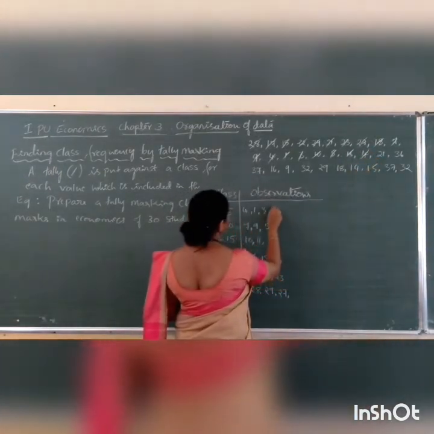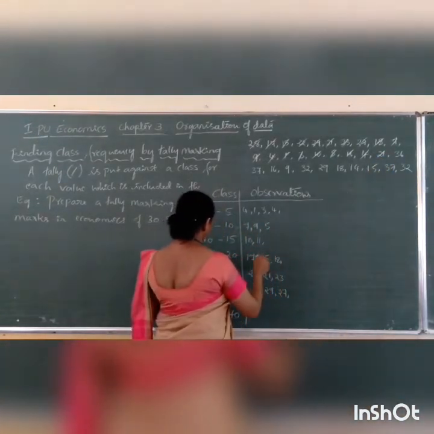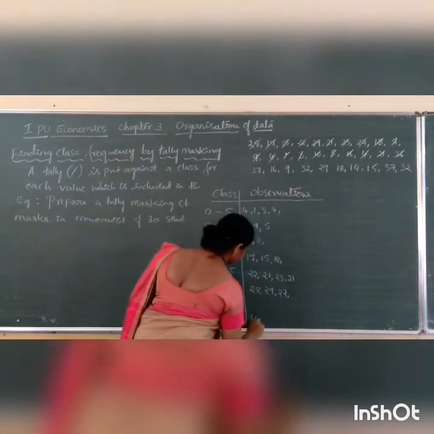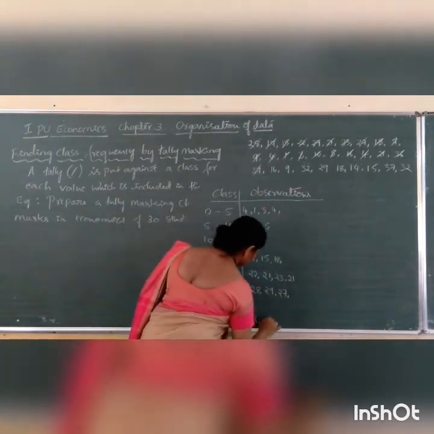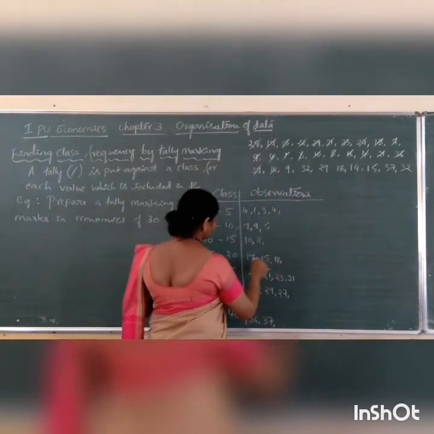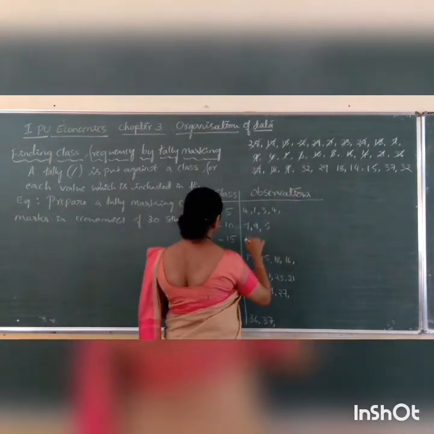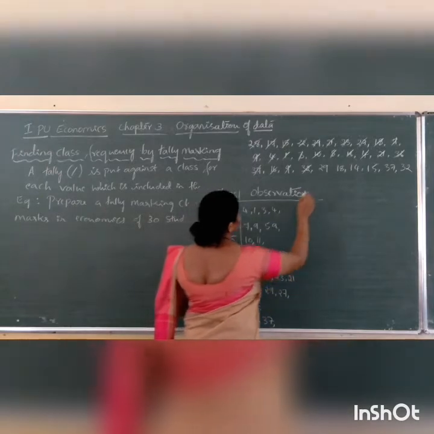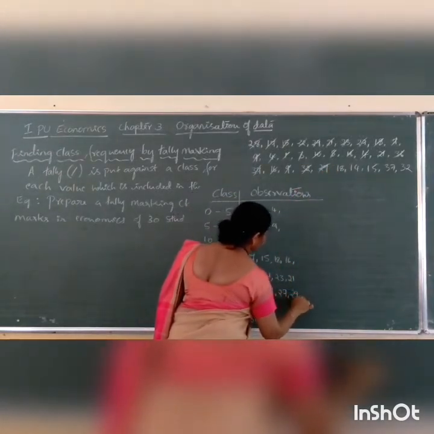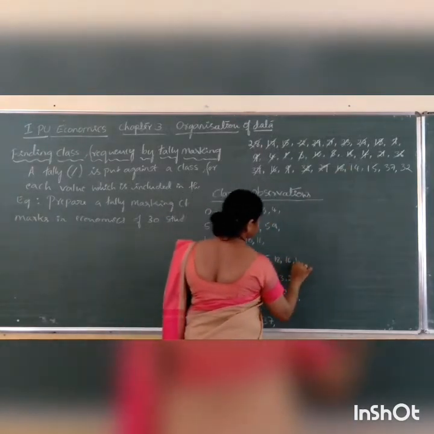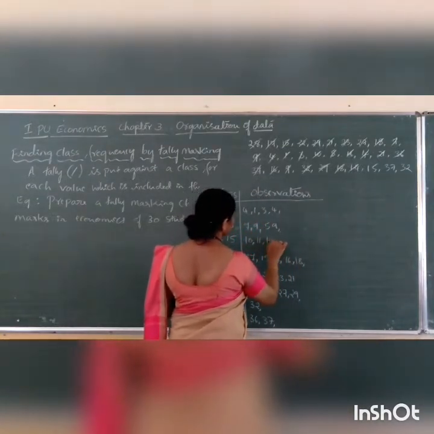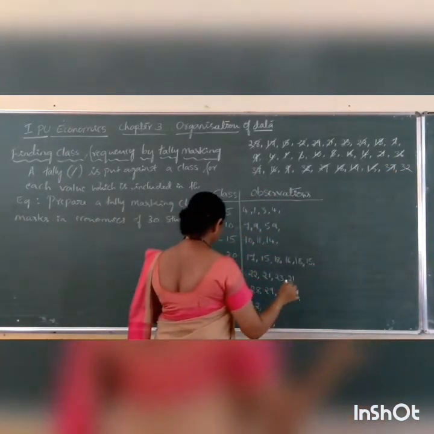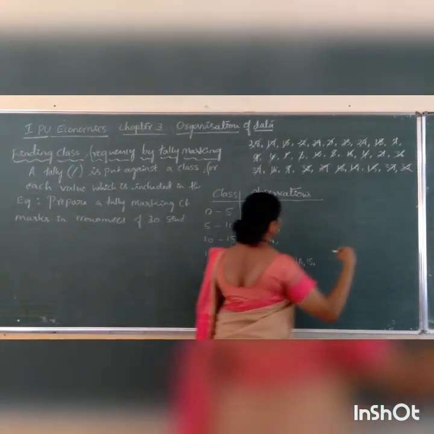4, 21, 20, 21, 36, 37, 16, 9, 32, 29, 18, 14, 15, 37, and then the last value is 32.